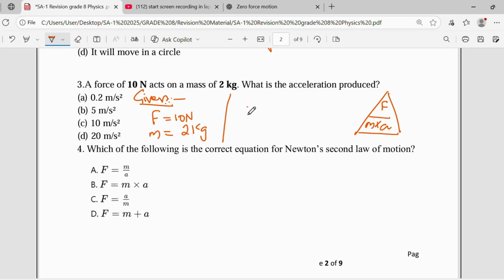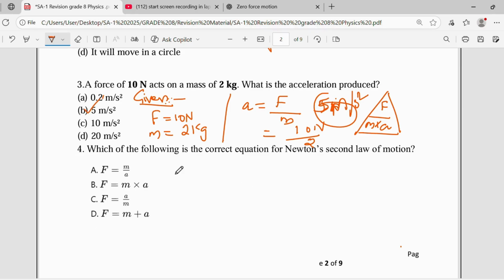So acceleration a equals force over mass. Force is 10 Newtons and the mass given is 2, which is equal to 5 meters per second squared. So the option is B.